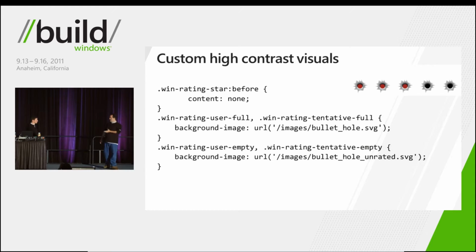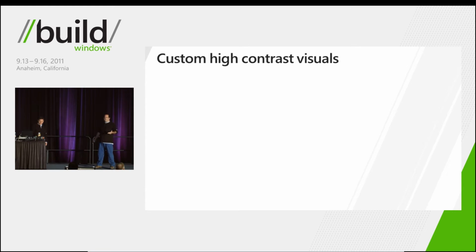The problem is, as I just said, in high contrast mode, those background images get removed because traditionally background images have been sort of adornment and not a core part of the content. But in my case, if you remove the custom background images, the control disappears entirely and it becomes unusable. It's invisible. That's no good. Oh, good. So how do I get around that? Well, I get around it through the use of a media query.